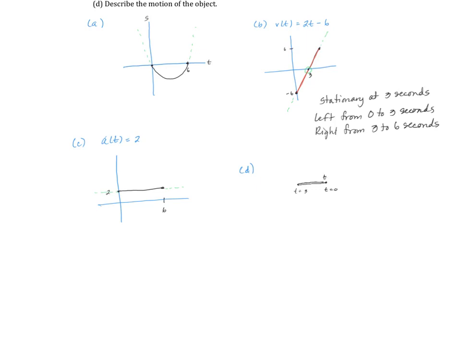And then once we're at 6 seconds, the object is back at the original starting position. So the object moves to the left. At 3 seconds, it turns around and moves to the right. At 6 seconds, it's back at the starting position.